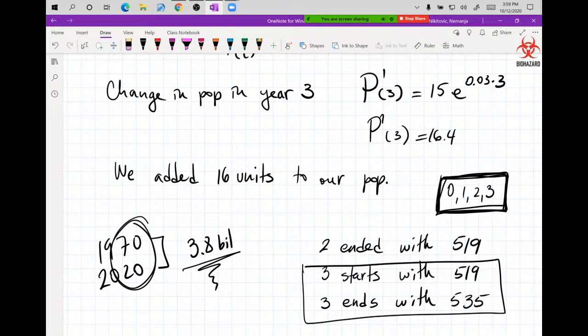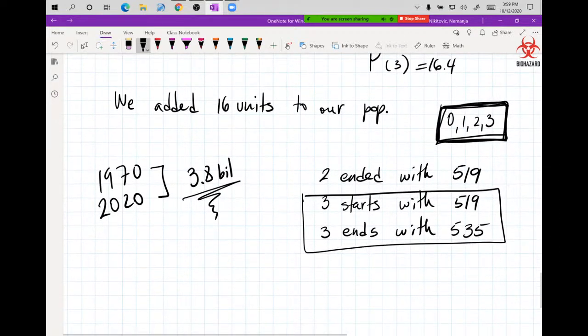So you see that when you look at this number, you understand that the average goes through all of the 50 years. But we can calculate how many people we added in just the year 2020. And that's something interesting to understand, especially when you're talking about this COVID nonsense.